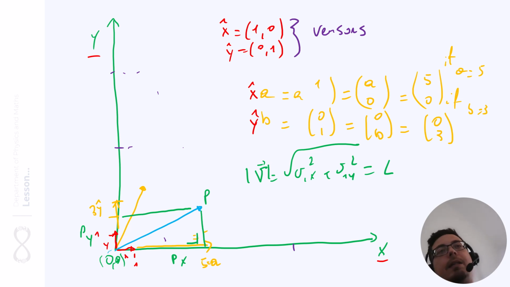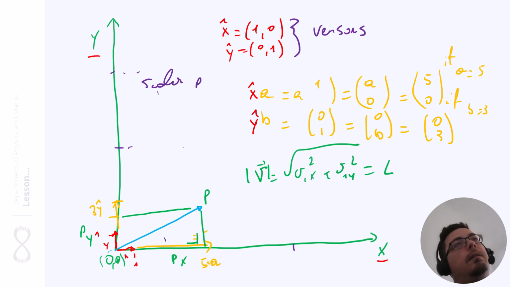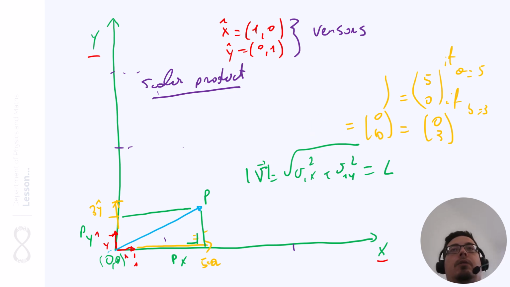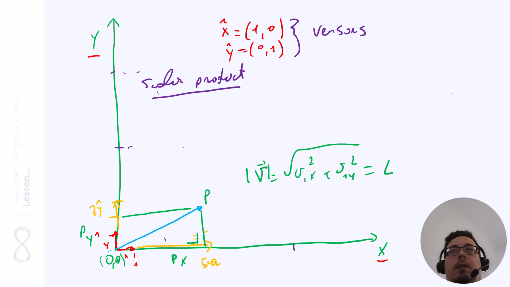But then there is another operation that you can do on vectors, that is called the scalar product, which is given by the following formula, a way to find a number out of two vectors. So we have two vectors, and we call them v1 and v2.